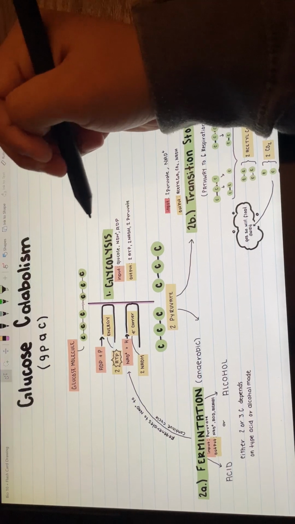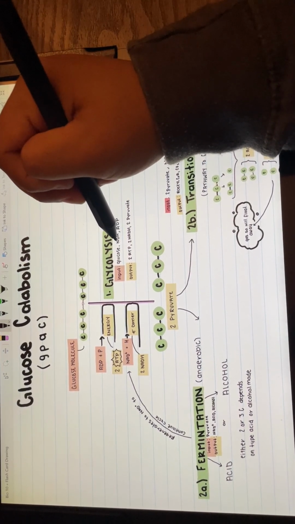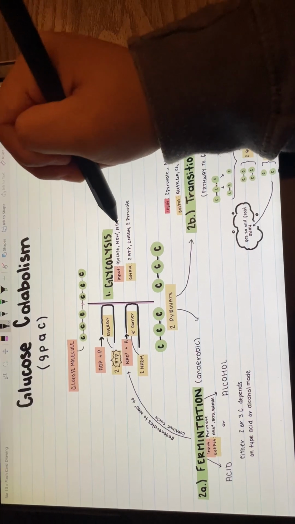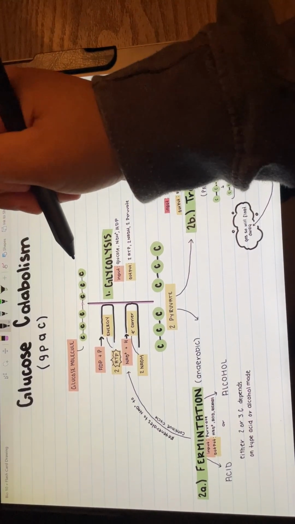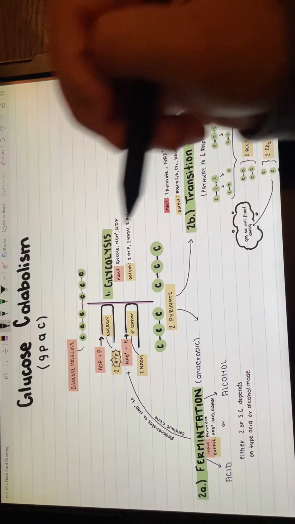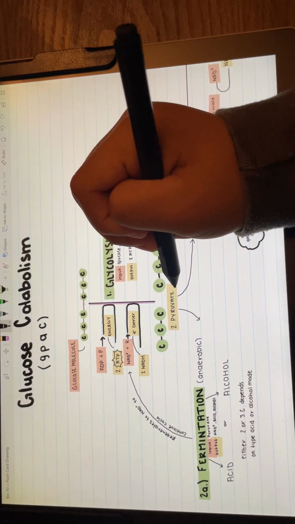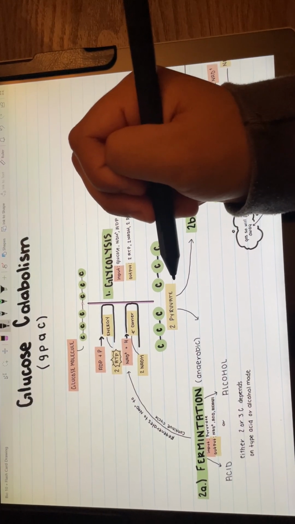In glycolysis, we can see that we have an input of glucose, an input of NAD plus and ADP. So here we have our glucose molecule consisting of 6 carbon molecules. It will be broken in half to create 2 pyruvates, each consisting of 3 carbon molecules.